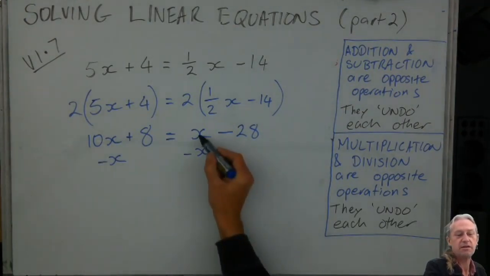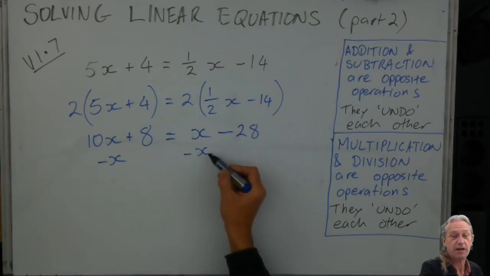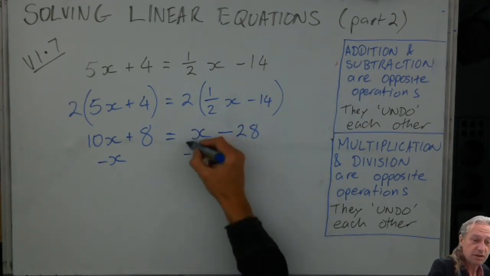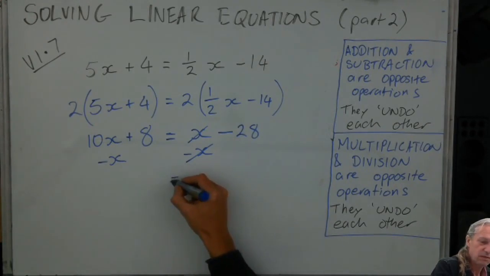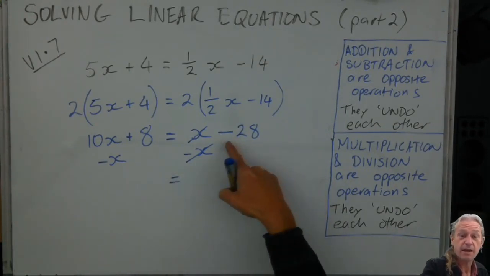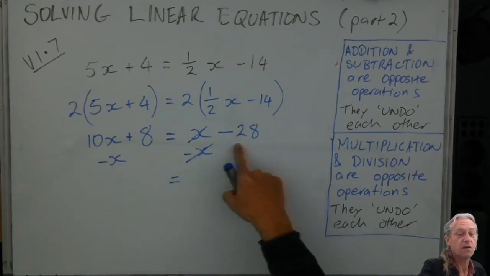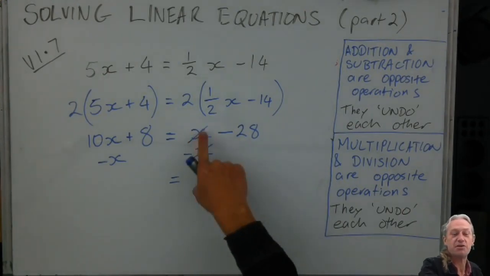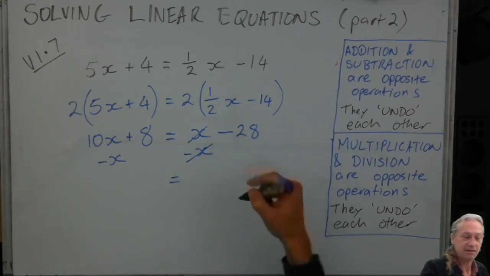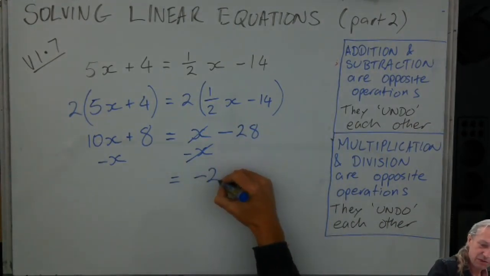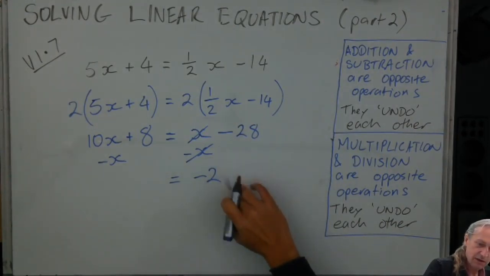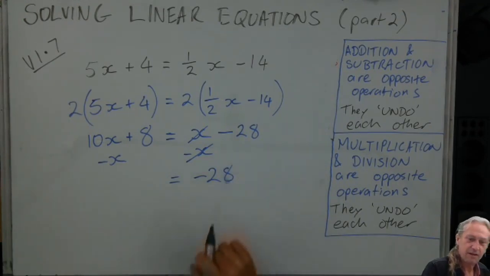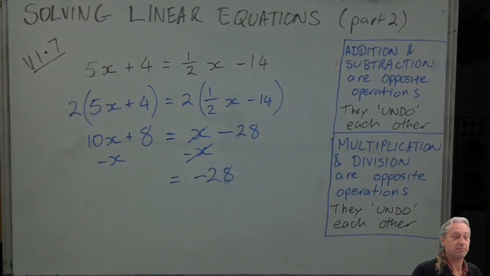So on this side, positive x, take away x, it's like adding nothing, so this cancels, and we've still got negative 28. Don't forget that we're subtracting. So this is 0, take away 28. We've still got negative 28 because we're subtracting.